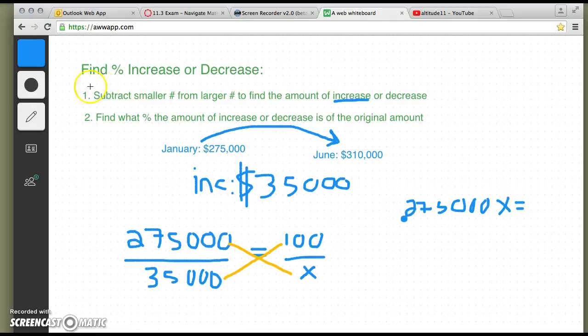Oh, I forgot to hit enter. All right, hold on one second here. So like I was saying, we need to isolate x. In this case, divide both sides by 275,000.